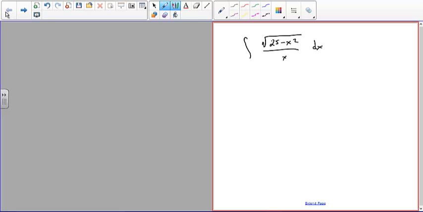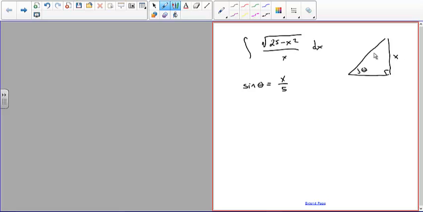So you're going to create your triangle. Your right triangle. So that's your angle theta. So if we're going to use the sine, it's going to be the sine of theta is x divided by 5, because this is 5, the square root of 25, and this is the square root of x squared.